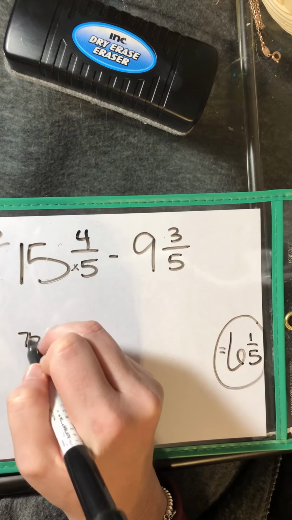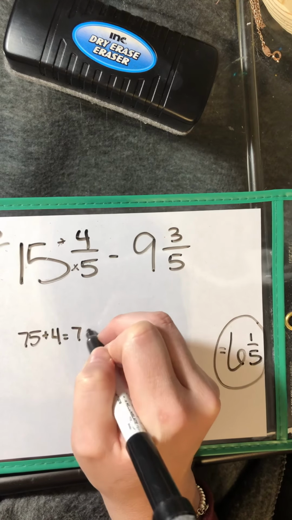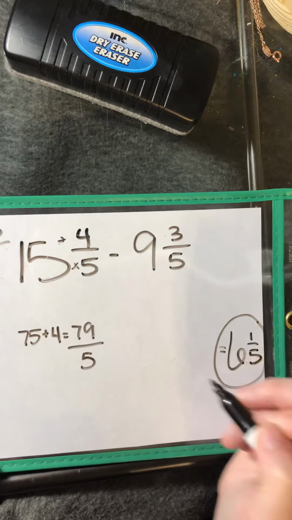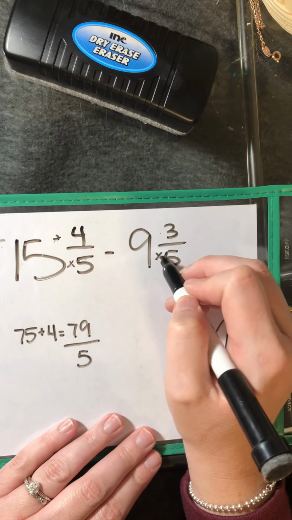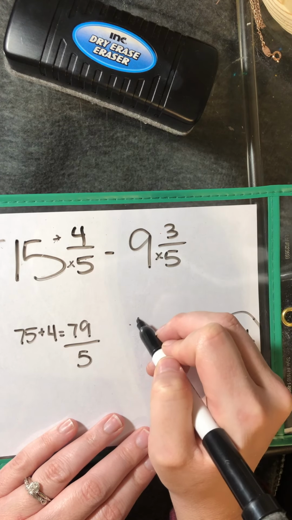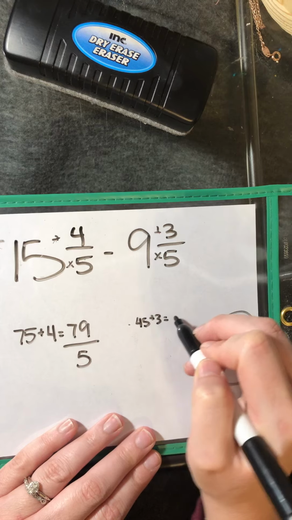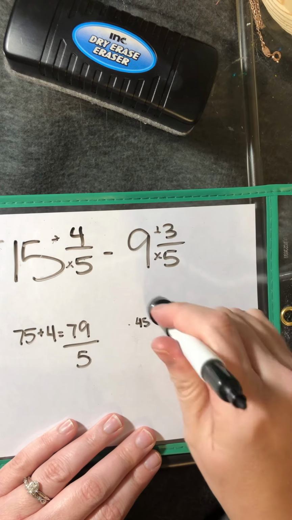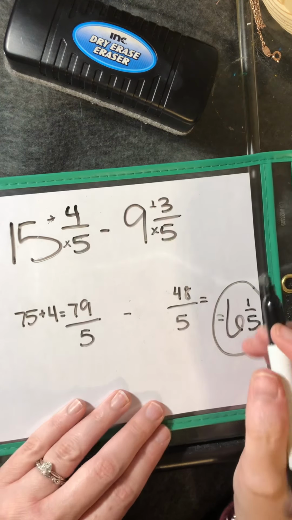Okay, so I have 75 plus 4, which equals 79, over 5. Now for this one, 5 times 9 is 45, plus 3 is 48, over 5. So now I have 79 take away 48.